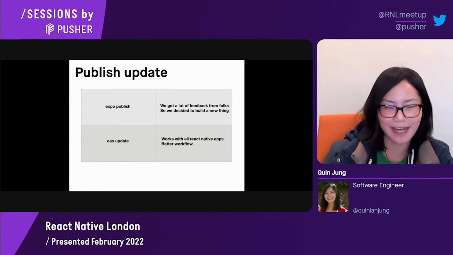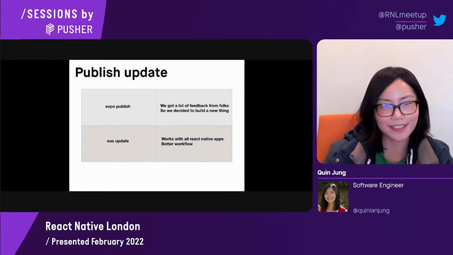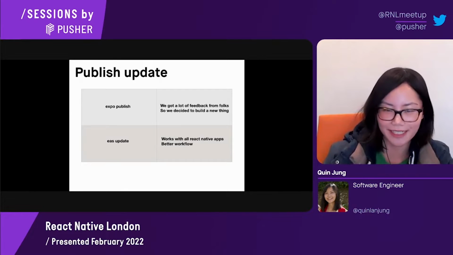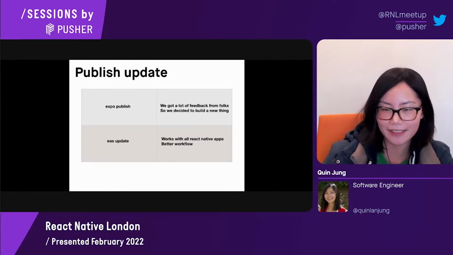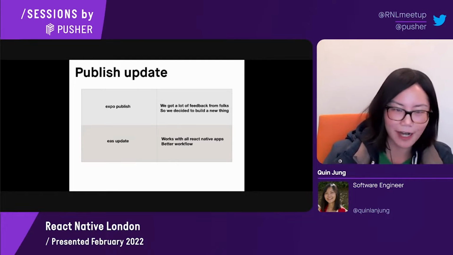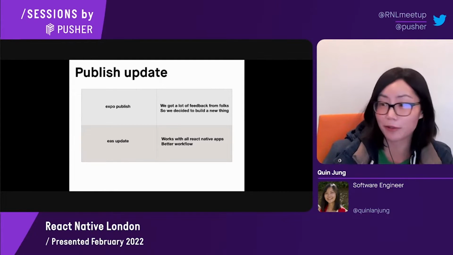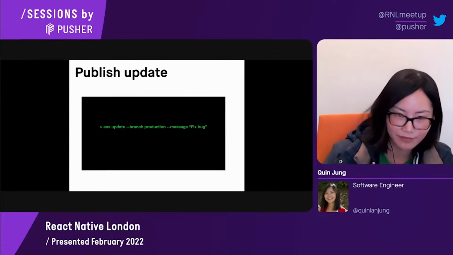The new thing that we have in preview today is called EAS Update. It does very similar things, sends updates down to your users. But one of the big pluses about it is that it works with all React Native apps, and it's got a better, more ergonomic workflow. So I'll be talking about EAS Update today, mostly in my presentation.